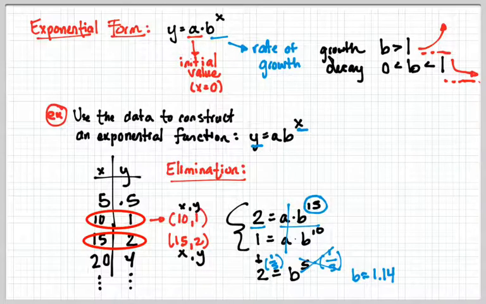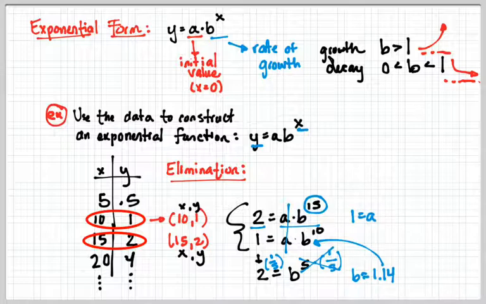So once you find your b, keep that value in your calculator, because otherwise, when you end up plugging it back in to find a, if you round it, you're going to get a different answer. So from here, make your life easy. Plug it into the second equation for b, and you end up getting 1 equals a times 1.14 to the 10th, and that ends up being 4, so you get 4a.